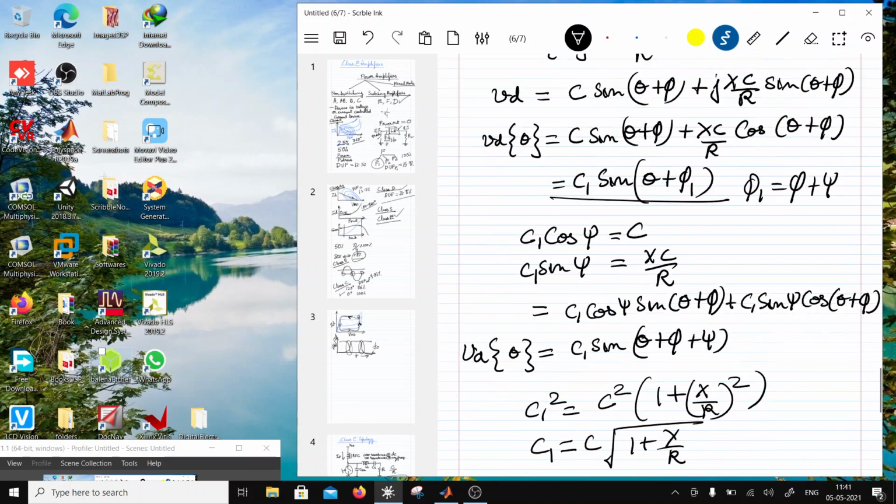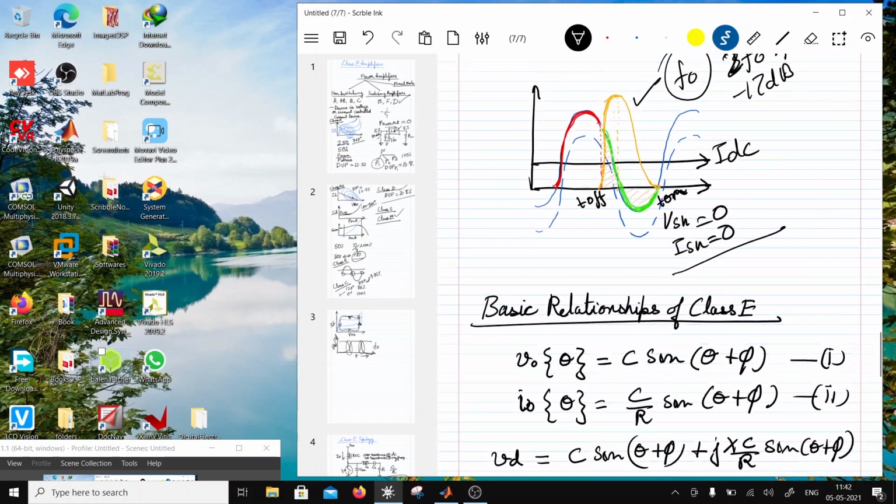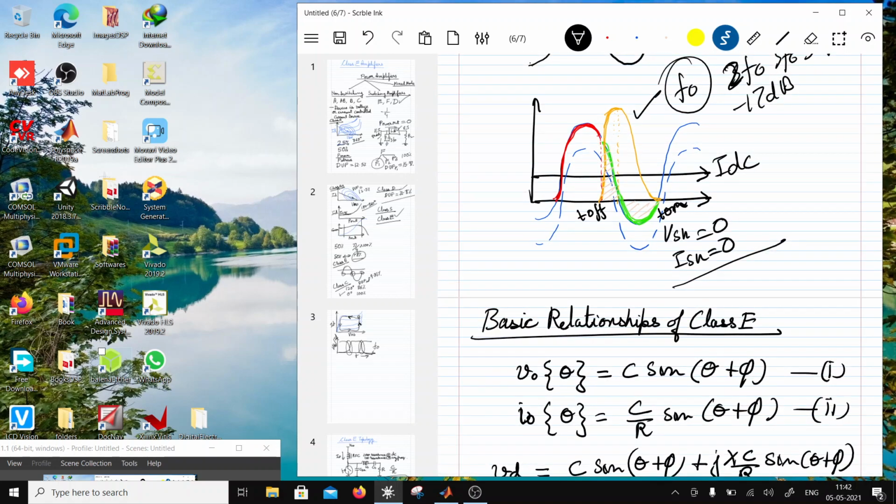Now let's start applying the constraints. Okay, so let's assume this. I'm going to focus on the off part. So this is the off part, right? So this part which you see is the off part.